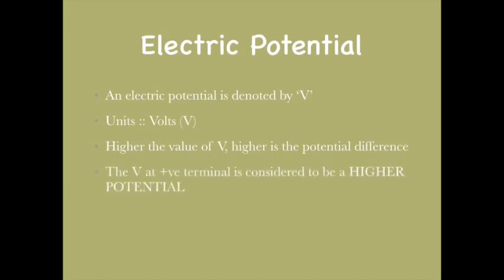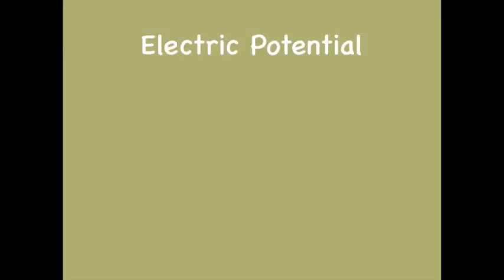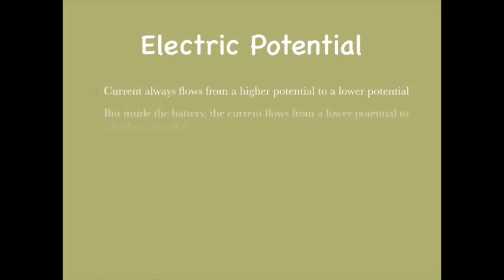Note that the V at the positive terminal is considered to be higher potential and the V at the negative terminal is considered to be lower potential. These are just assumptions, please follow them. Current always flows from a higher potential to a lower potential. But inside the battery, the current flows from a lower potential to a higher potential.